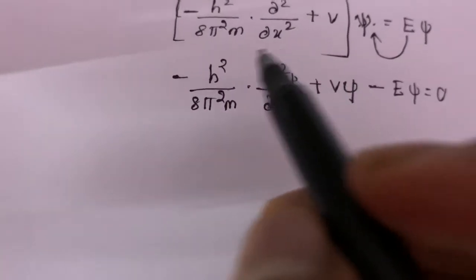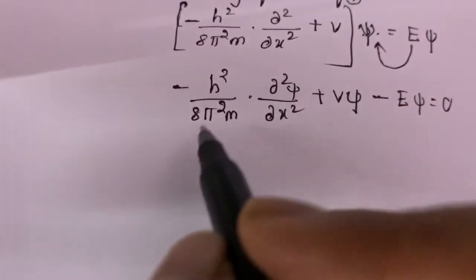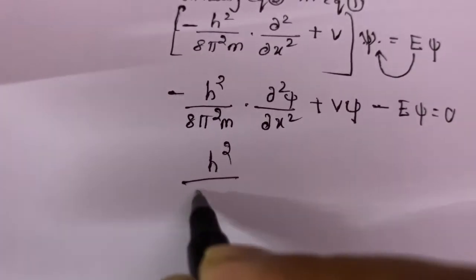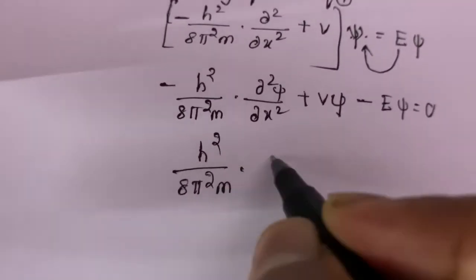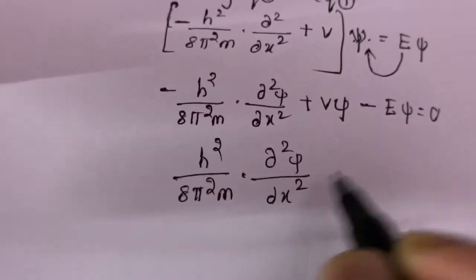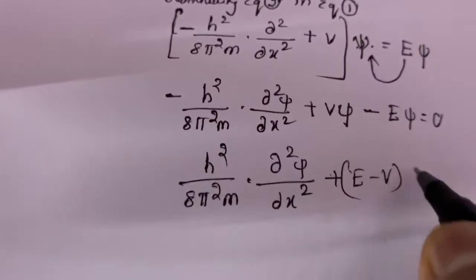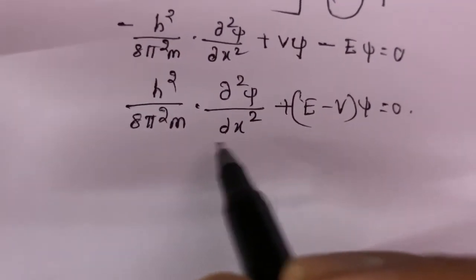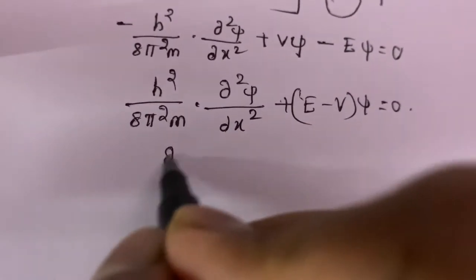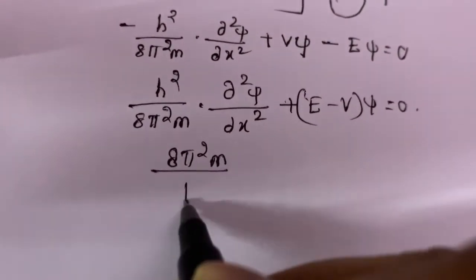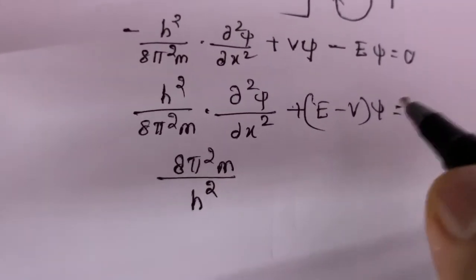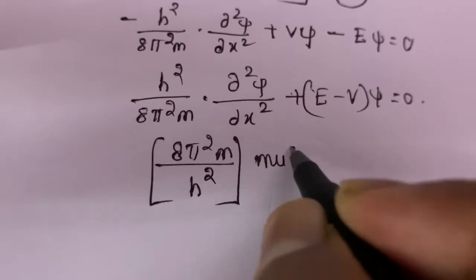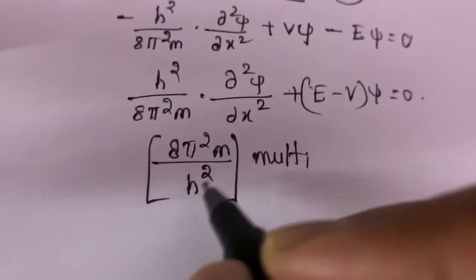If you multiply the entire equation with the minus symbol, you will get plus h square upon 8 pi square m dou square psi upon dou x square plus E minus V psi equals 0. For simplifying this equation, we are going to multiply throughout the equation with 8 pi square m upon h square, because we actually want the psi value. So we are going to simplify accordingly.